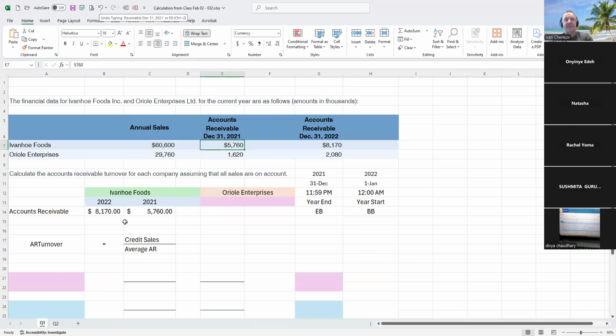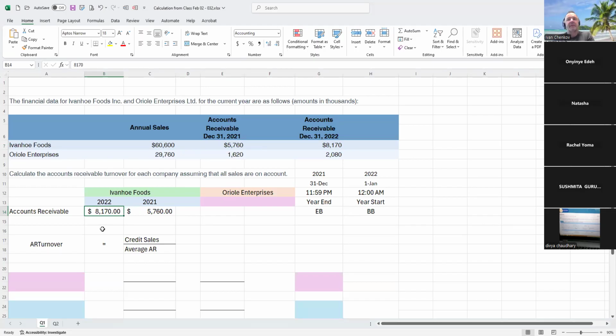Yes, Professor. Okay. So if this is the way the information is given, which one is the beginning balance for 2022? Should be the 5760.